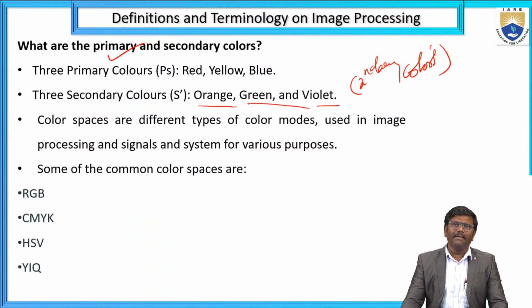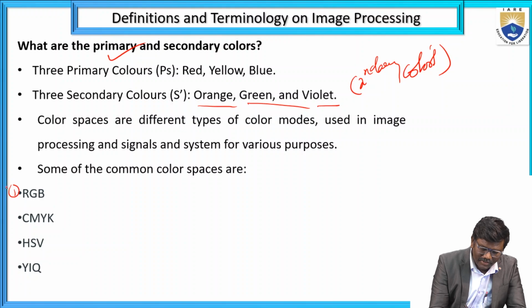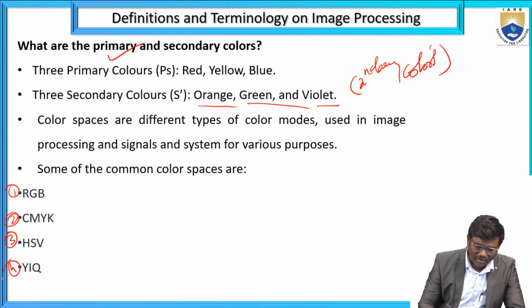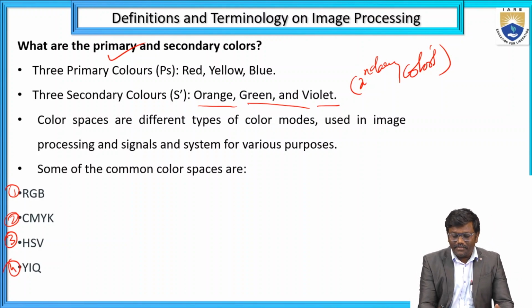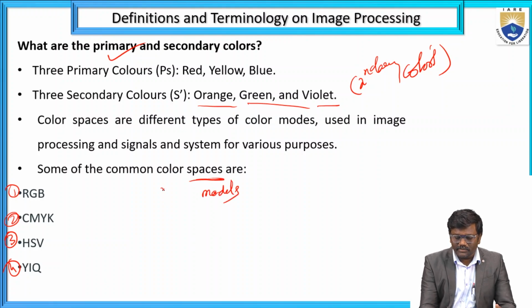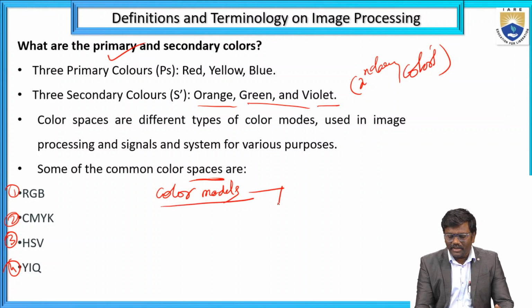So some of the common color spaces are: number 1 RGB, number 2 CMYK, number 3 HSV, and number 4 YIQ. What are these? These are the common color spaces. Color spaces are nothing but color models. What are the models we can understand?